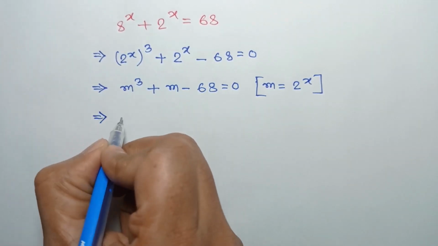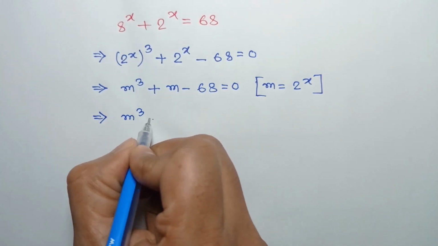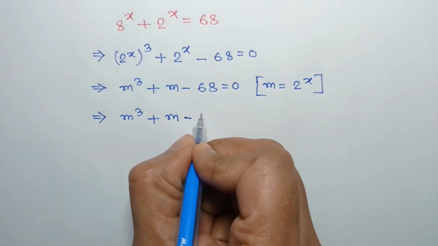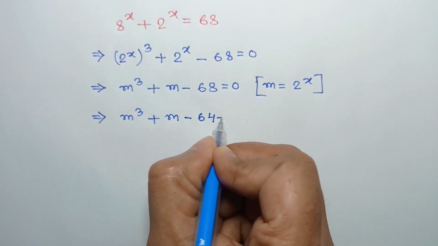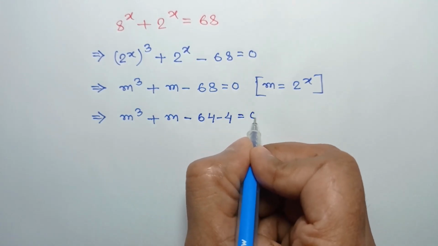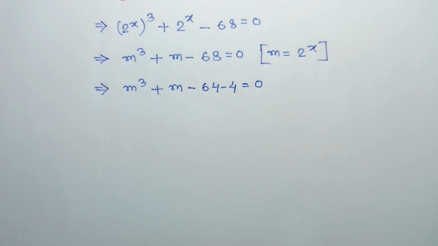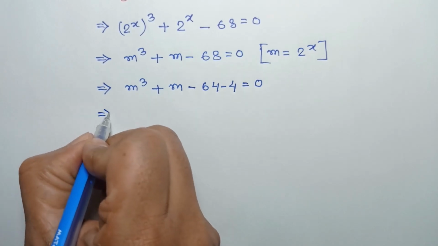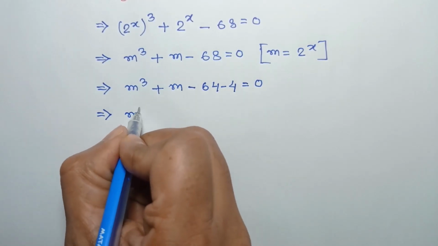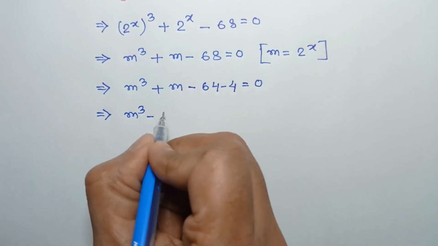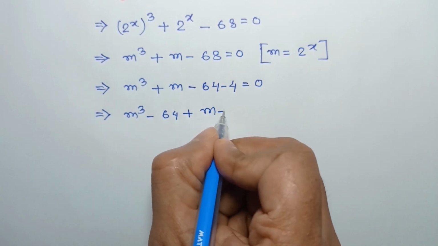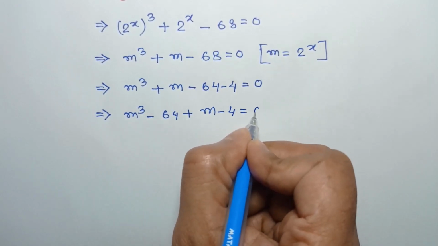Or m cube plus m, 68 can be written as 64 plus 4, minus 64 minus 4 is equal to 0. Or rearranging it, we can write m cube minus 64 plus m minus 4 is equal to 0.